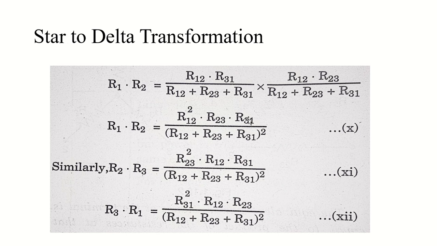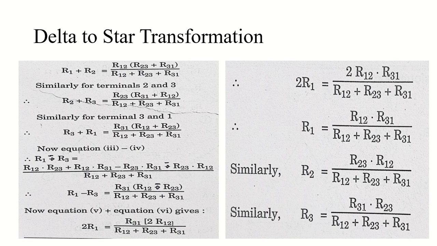So again similarly, this time we will multiply R2 with R3. So let's again go back to delta to star and see what was the value of R2 and R3. The value of R2 was R23 into R12 divided by R12 plus R23 plus R31, and the value of R3 was R31 into R23 divided by R12 plus R23 plus R31.